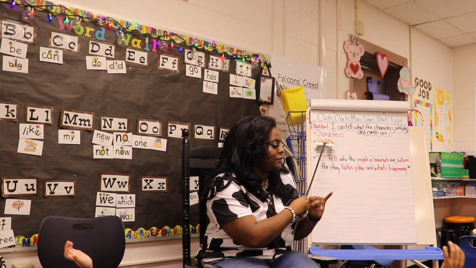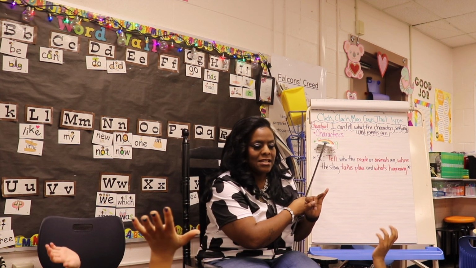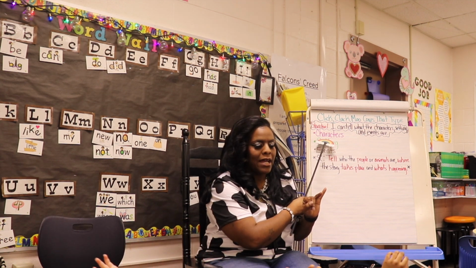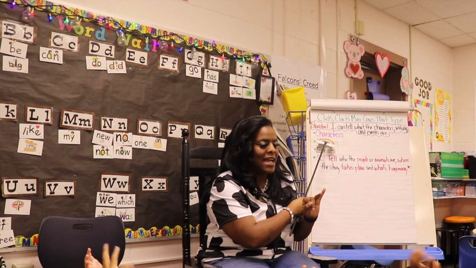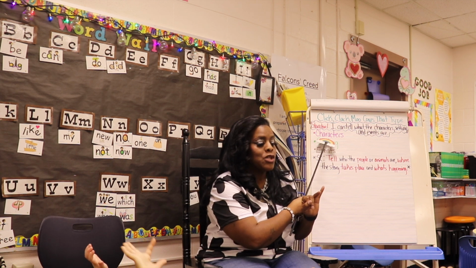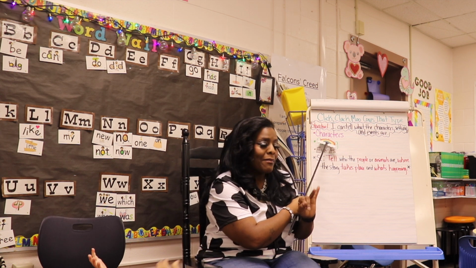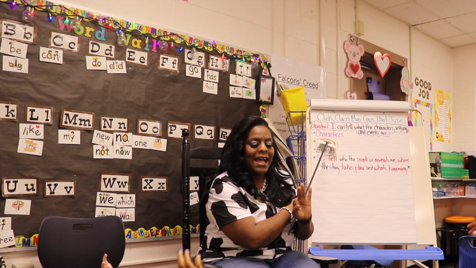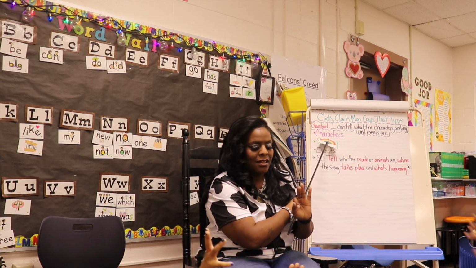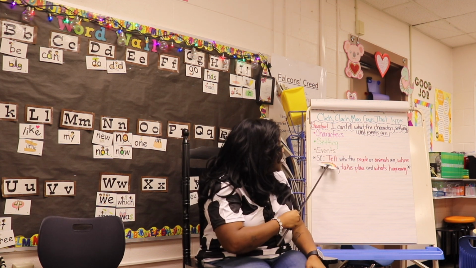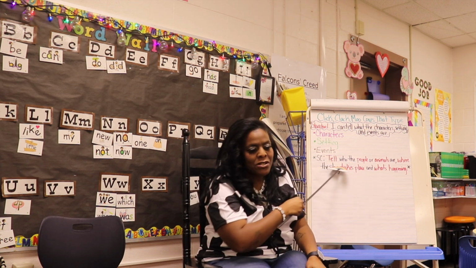Braylon. The chicken. Got 2 more characters. We got one that's not really a main character, and then the actual main character. Lucas. Okay, he's not really the main, but he's one of the characters. Yeah, so who's our last character, Mackenzie? The farmer.